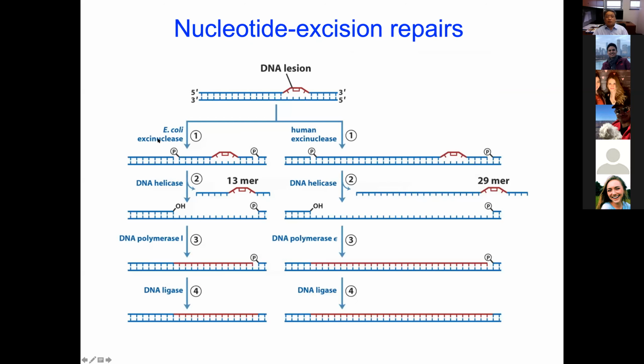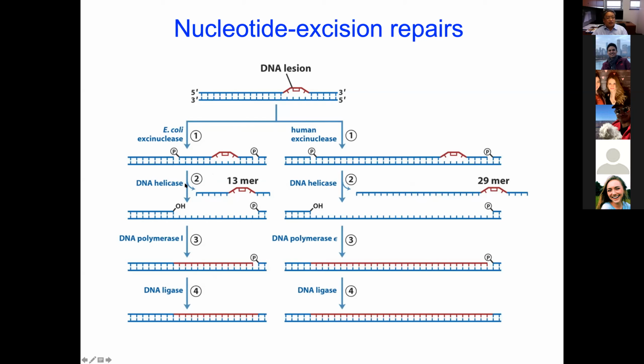And this is another mechanism, nucleotide excision. In some cases, when the damage is pretty pronounced and causes major deformation of the DNA, like you see here, both in human and bacteria, they have enzymes which can recognize those damaged DNA and then cut the phosphodiester backbone at two points, upstream and downstream of that segment of DNA.